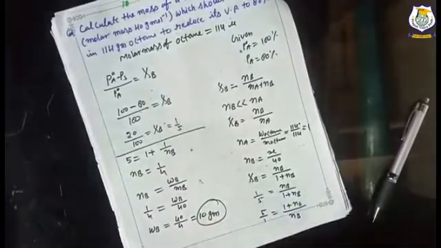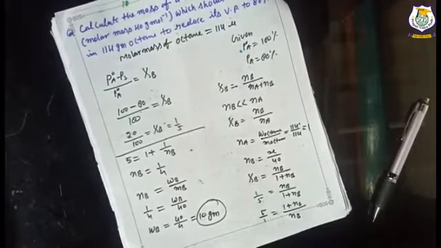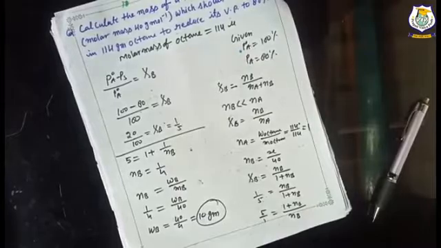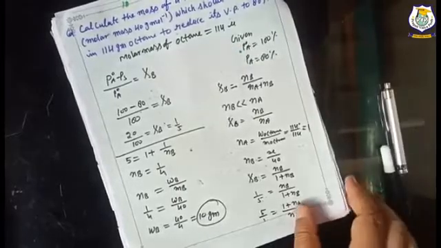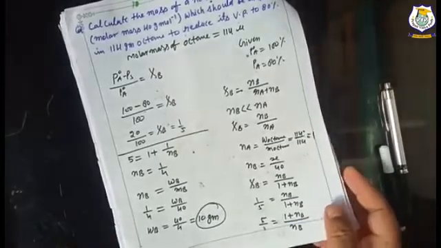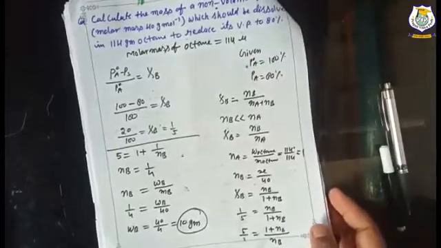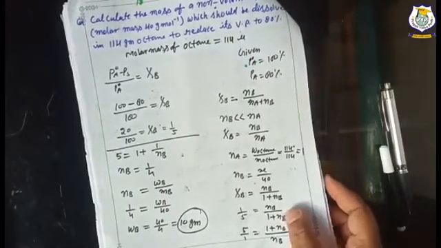That means 10 gram of unknown non-volatile solute is dissolved in a solution in which 114 gram of octane is present as a solvent, which decreases its vapor pressure by 80%. Clear?